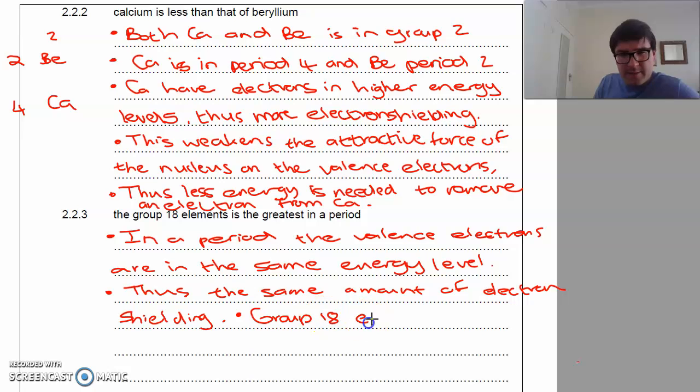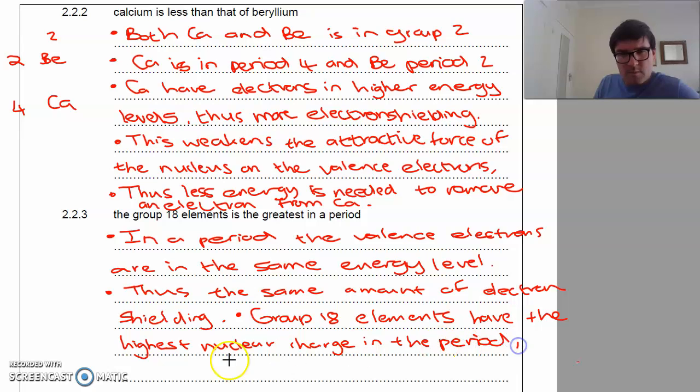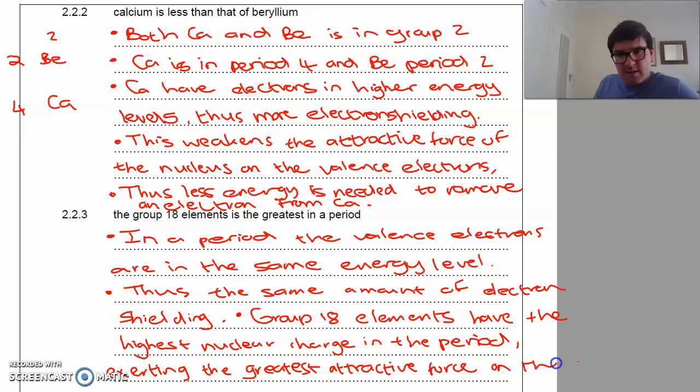Group 18 elements have the highest nuclear charge in the period, exerting the greatest attractive force on the valence electrons, thus the most energy is required.